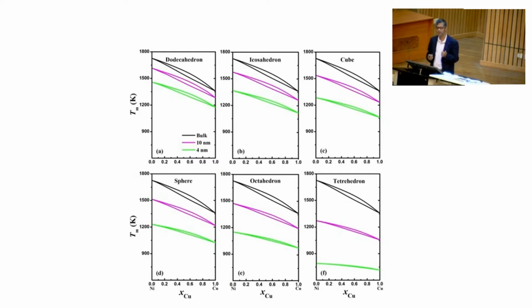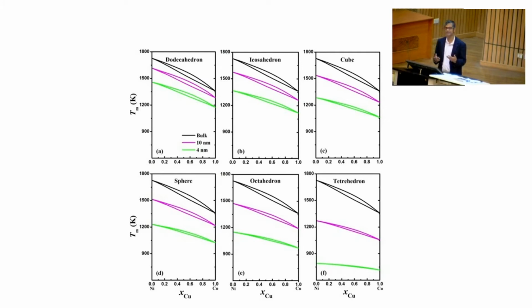So now the question is, depending on whether the particle is a dodecahedron, which has 10 faces on the solid, an icosahedron with 13 faces, a cube with 6 faces, a sphere, an octahedron or a tetrahedron, there is a significant difference in how the phase diagram looks. So the size effect is complemented by the shape.